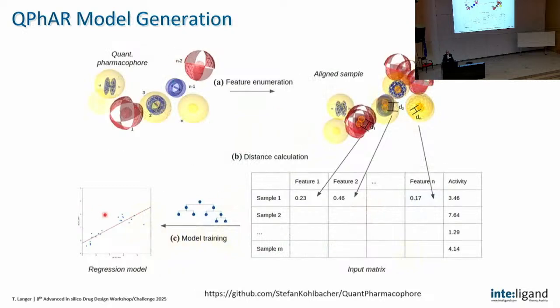And what we do is a decision tree method for the training. So we calculate the distances, basically, of the optimal feature to the feature that we observe for all the ligands, and then we can train this as a decision tree and make a regression model where we can, here for instance, plot the actual versus the predicted values.